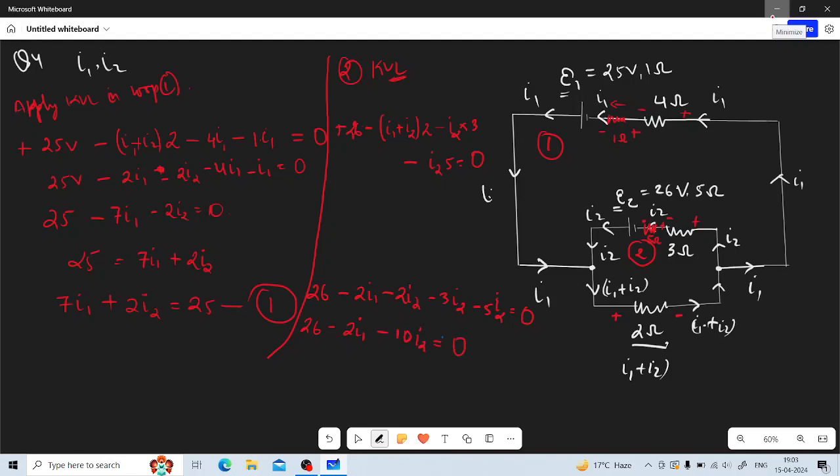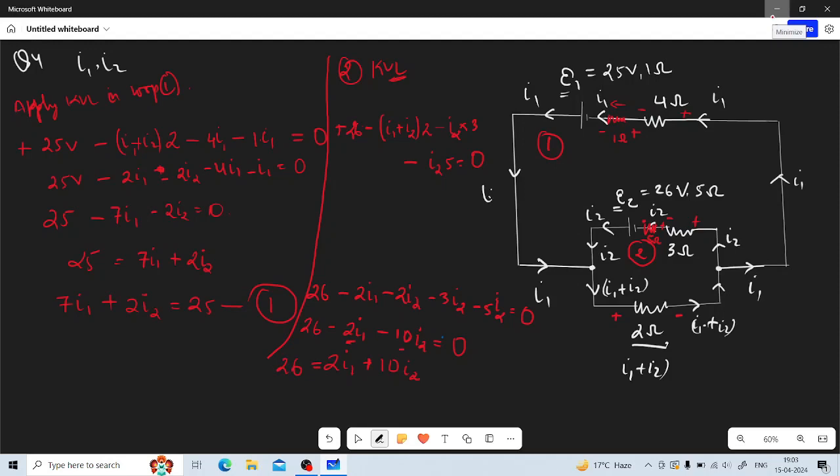Okay, I take it on the other side. So while taking this on the other side, we have 2I1 plus 10 times I2, equal to 26. Basically, I'm taking this and this on the other side, so the sign changes.